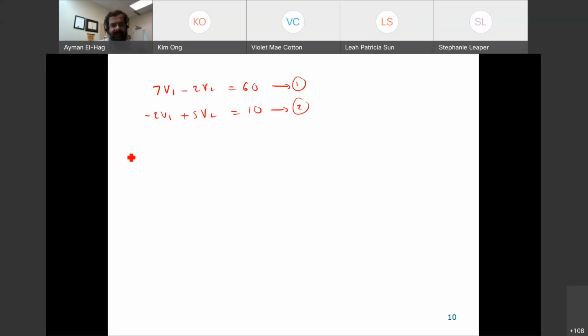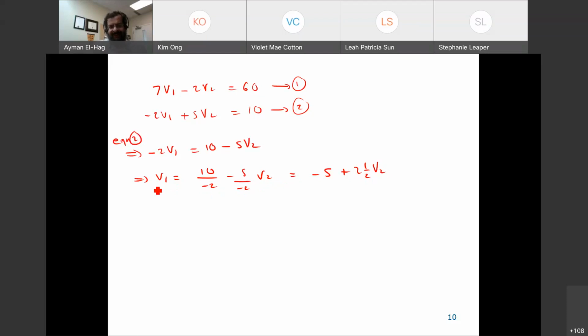In equation 2, minus 2V1 is equal to 10 minus 5V2. So your V1 is equal to 10 divided by minus 2, minus 5 divided by minus 2 V2. So this becomes minus 5 plus 2.5V2. So this is your V1, which we got from equation 2.